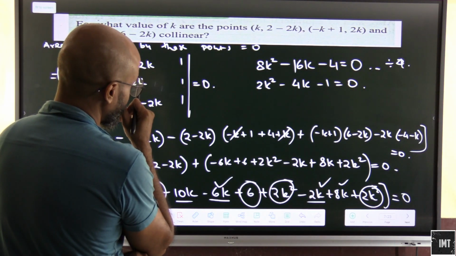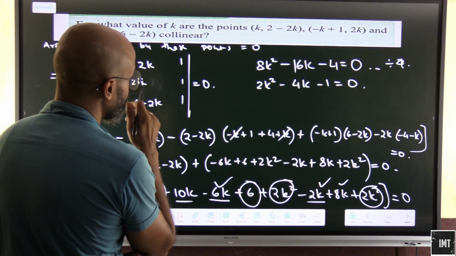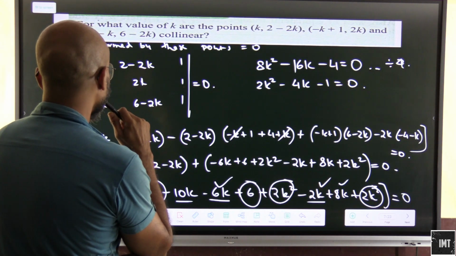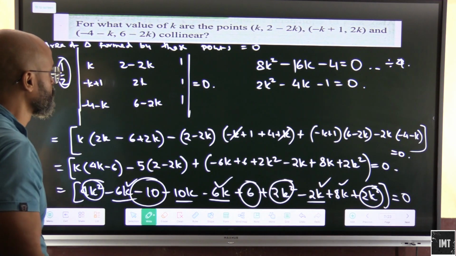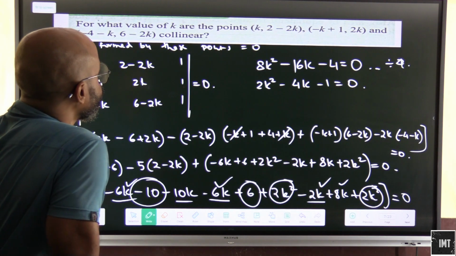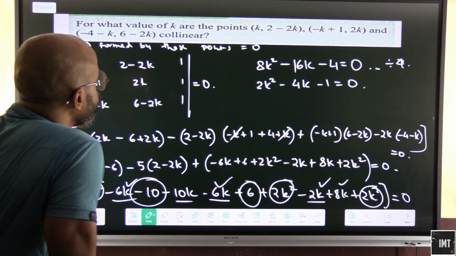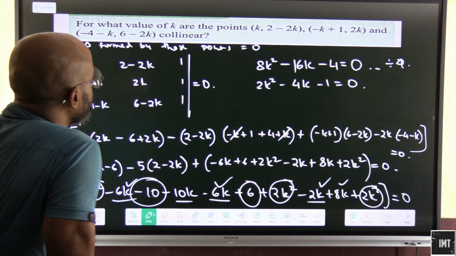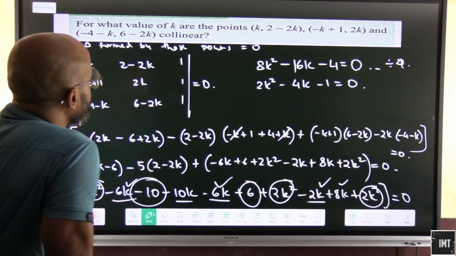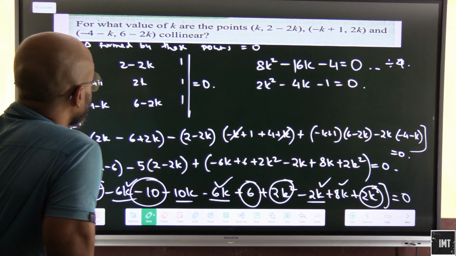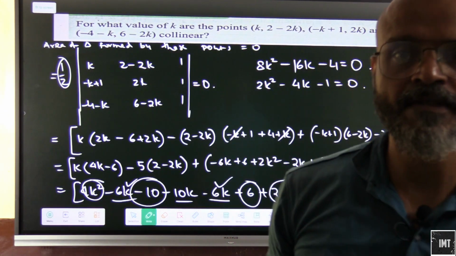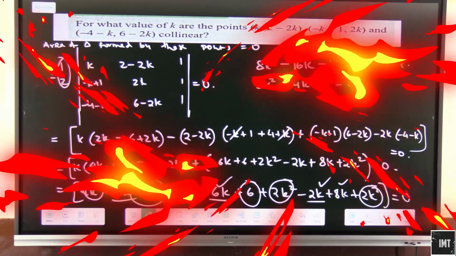Are we on the right track? I think we are missing out on something here. Some mistake has happened. Let me check here, some mistake has happened.